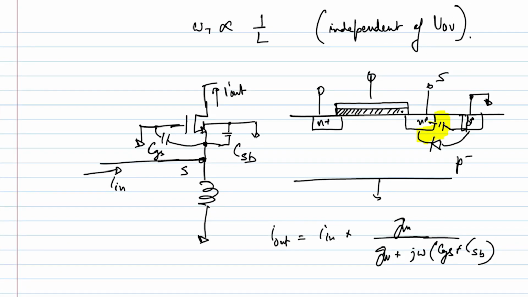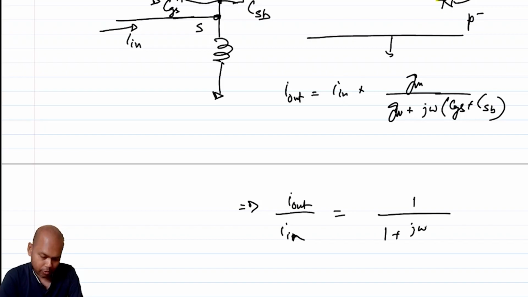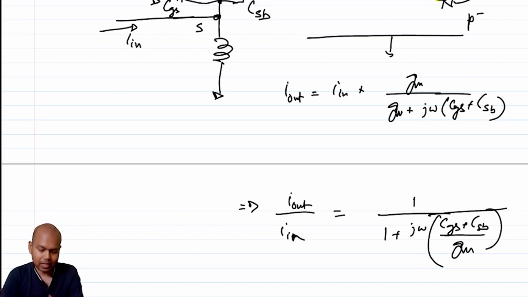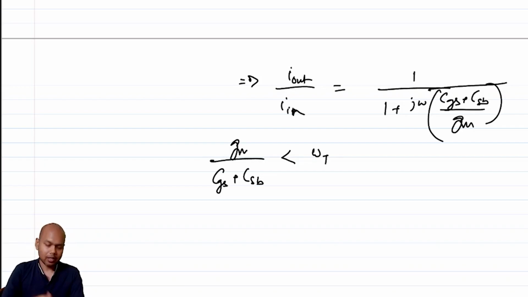Earlier it was only CGS, since we had neglected CSB. Which essentially means that I out over I in is 1 over 1 plus j omega (CGS plus CSB) by gm. Right? So as you can see, this factor gm by (CGS plus CSB) is obviously lower than omega T, right?